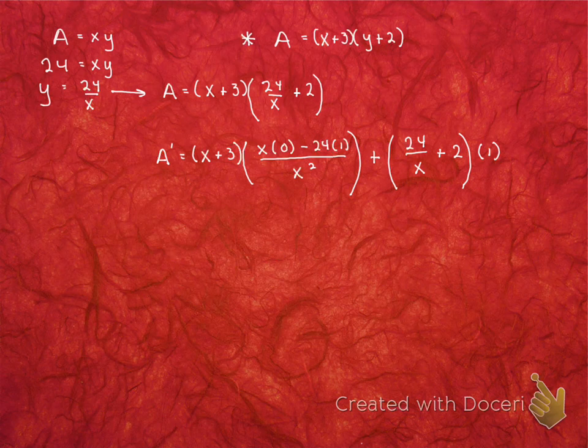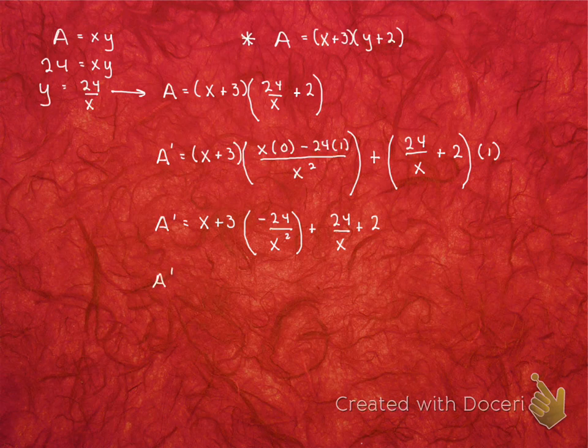Okay, so we have A prime is equal to x plus 3 times negative 24 over x squared plus 24 over x plus 2.